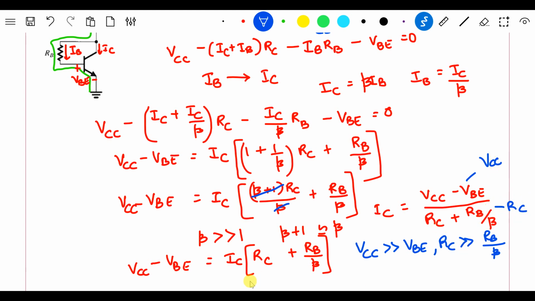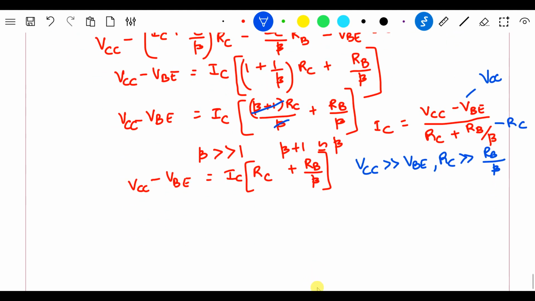So finally I can say that IC will be approximately equal to VCC by RC. So this is the value for IC that we got for the collector to base feedback connection.